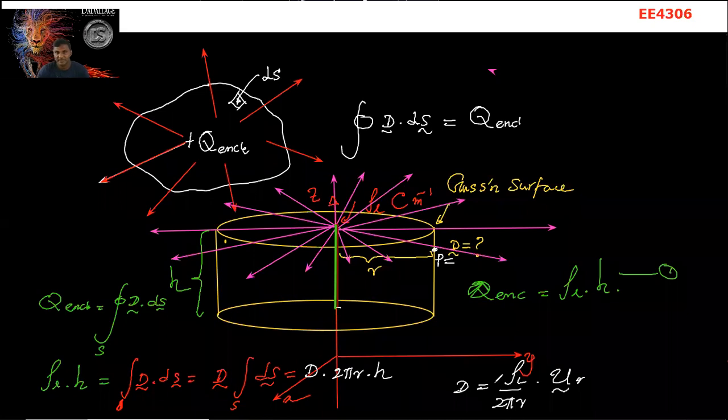For your ease, it is better to select a Gaussian surface which is perpendicular to the electric field, electric flux, or flux density. Please note this down. This is one example of how to apply Gauss's law to find the electric flux density vector.